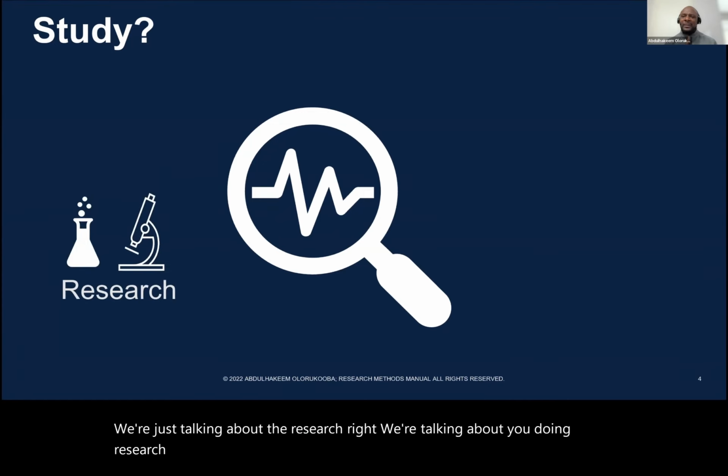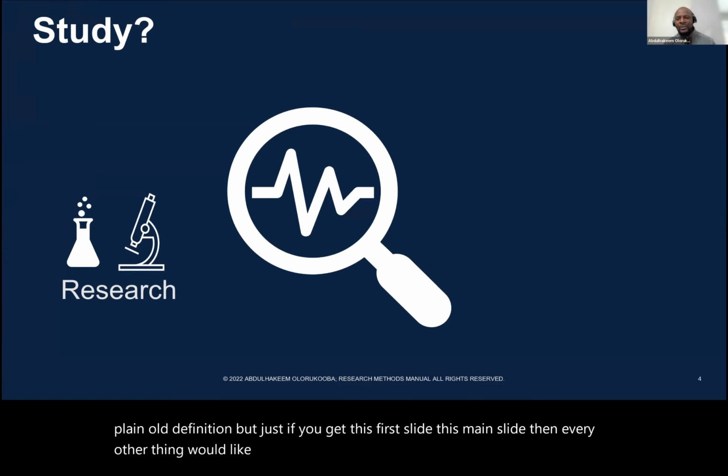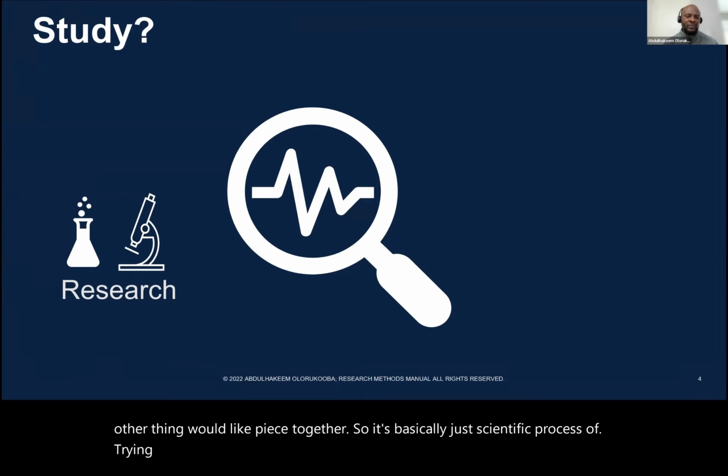It's basically that process, a scientific process of trying to answer a question. Please listen to this definition very well. It's a plain old definition, but if you get this first slide, this main slide, then every other thing would piece together. So it's basically just a scientific process of trying to answer a question.